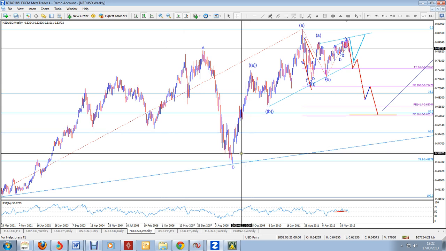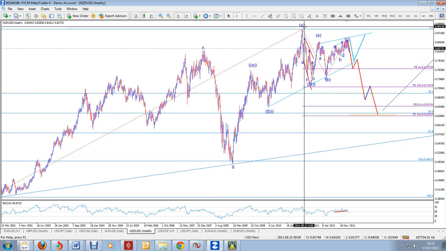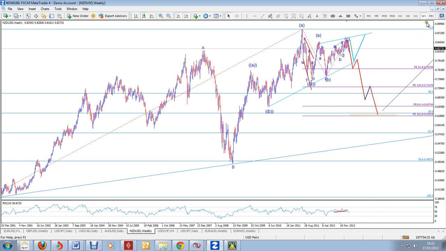Okay, so I think in comparison to this one is the first part, this one the second part, and then we got one more leg up which will culminate with the dollar index bottoming around the 2000 low or a little bit lower in the next year and a half or so to come. But for the time being, we're expecting New Zealand dollar to decline, and as a minimum decline we're expecting it to drop to here.